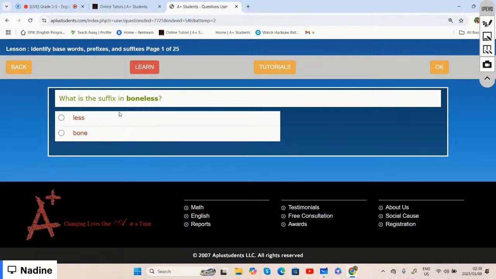If we were to choose the correct option, then yes, less is our suffix that we add at the end of our base word. Well done.